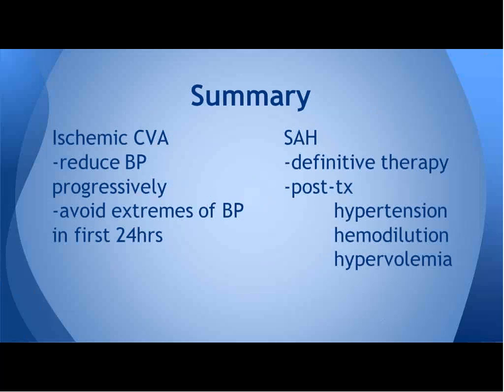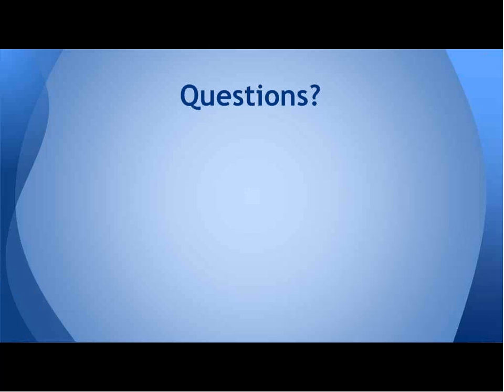And then post-therapy, how are we going to manage these patients? Through triple H therapy, vasopressors, IV fluid resuscitation, and close monitoring and management. I think I might have whizzed right through that. So any questions?